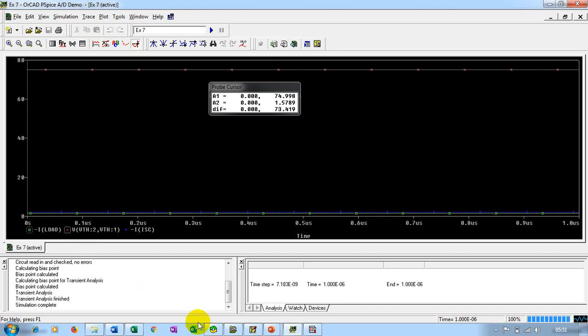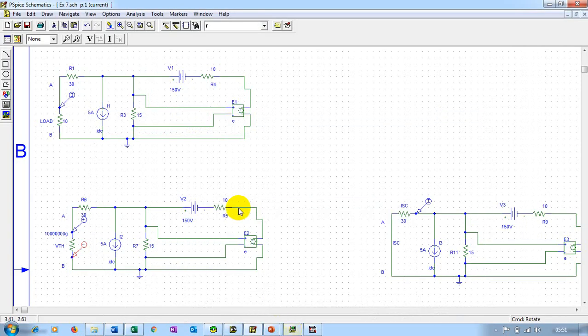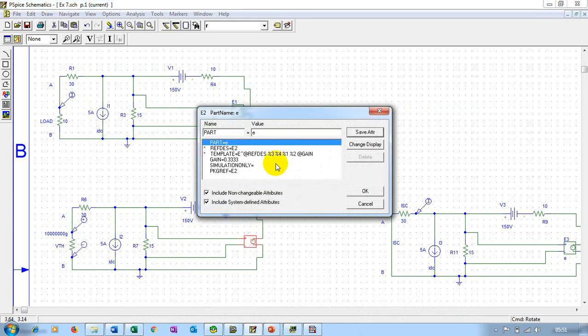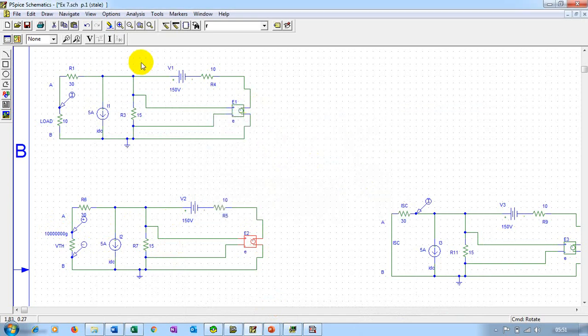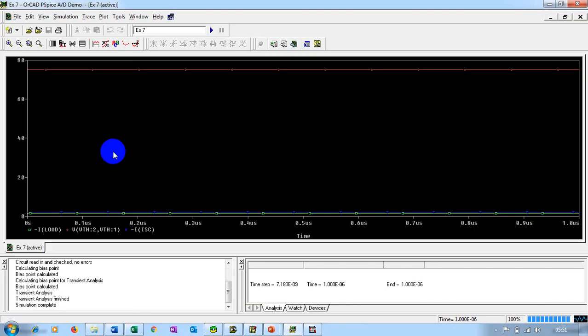Now to get your answers, what you can do here is go to your gain. Now this is a recurring decimal, 0.3, so try to add some more 3's, right? Now let us see what value of VTH we get now.